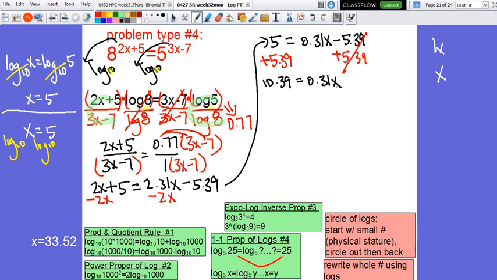And the final step is you divide both sides by 0.31, and you get x equals 33. Let me just double check that. 33.52. X is going to equal 33.52.